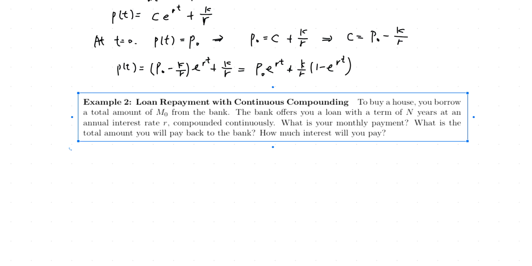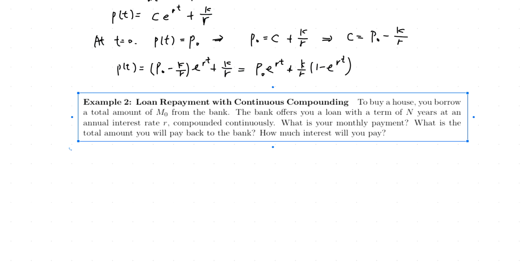So let's say to buy a house, you borrowed a total amount of money M naught from the bank, and the bank offers you a loan with a term of N years at an annual interest rate R. It's a compound rate. So what is your monthly payment? And what is the total amount you will pay back to the bank, and how much interest will you pay?